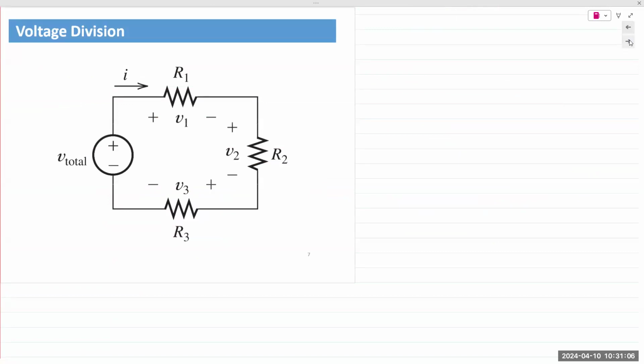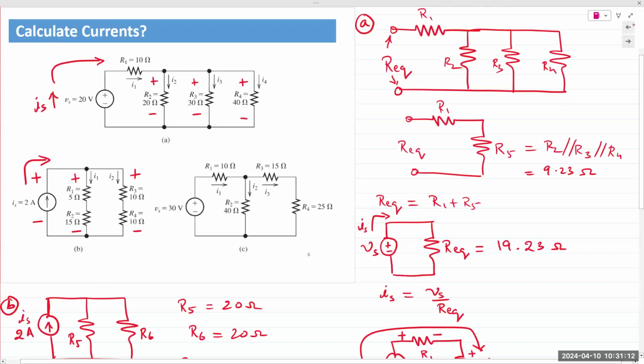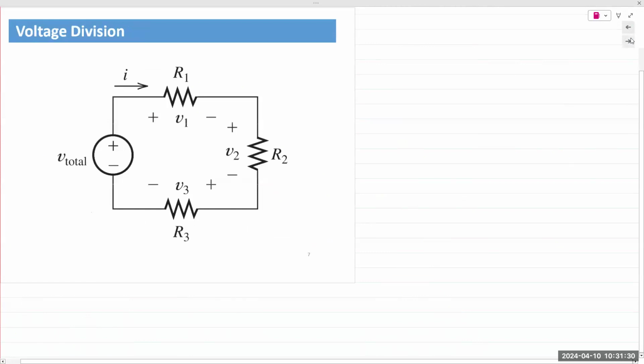This could be a separate part of a circuit that has a voltage applied across a series connection of resistances, something like this, right? We had a voltage that we determined across that series connection.